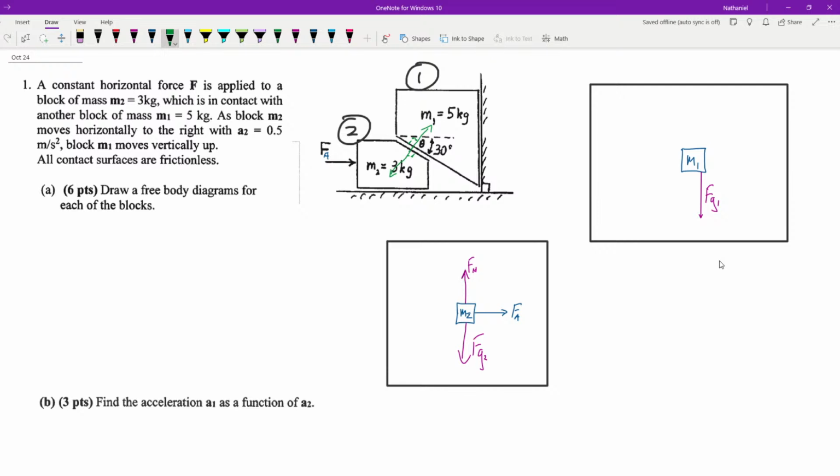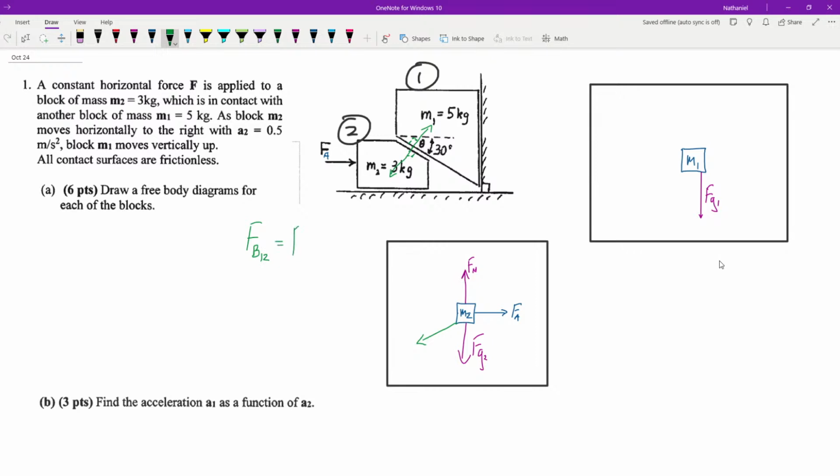Well, let's think about it a little more deeply. If you were M2, you would feel something coming down on top of you. Its force is down on top of you, but it's not only down, it's down and to the left. So M2 feels this force, which we'll call the force of the blocks.